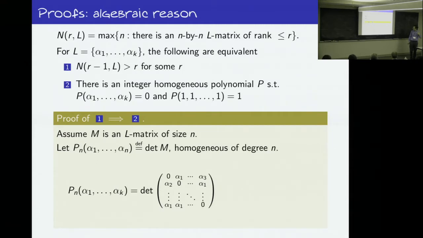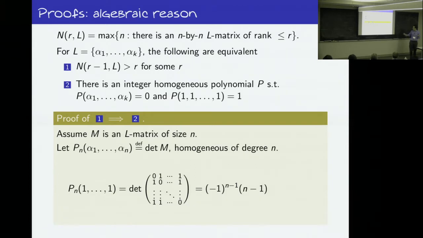Furthermore, if I take this polynomial and plug in ones for these variables, what I get is the determinant of the matrix with zeros on the diagonal and ones elsewhere. Again, it's very easy to compute its determinant. It's just that number. It's a simple calculation.